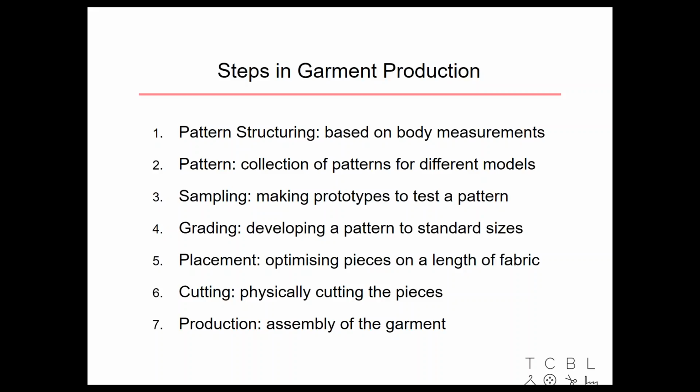Then once you have all of the variations of sizes that you need, you place the pattern onto the piece of fabric that you have, optimizing it so that you waste as little fabric as possible. You physically cut the pieces out. And then you have some kind of organization, more or less industrialized, to put the pieces together, to sew them together in actual assembly of the garment.